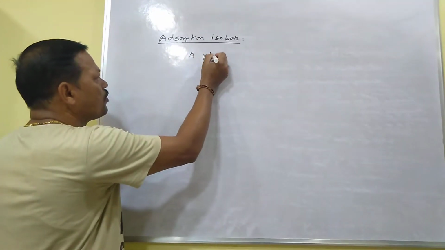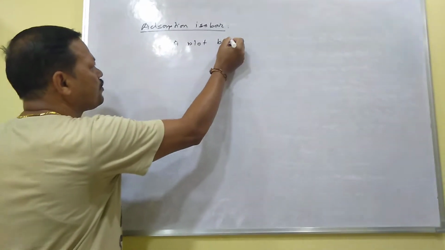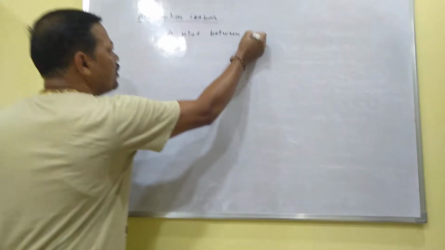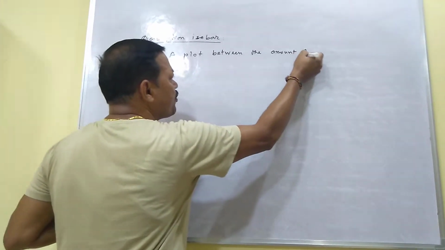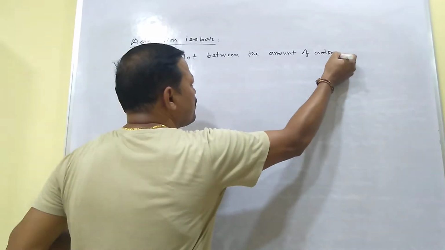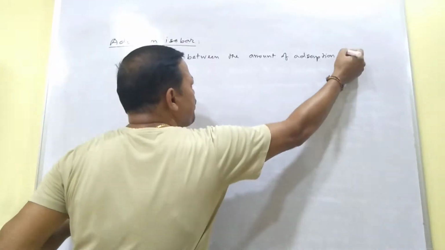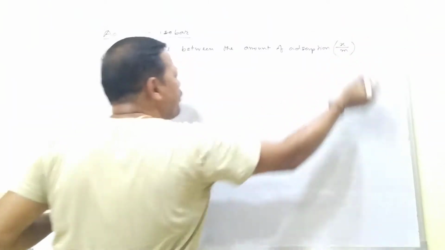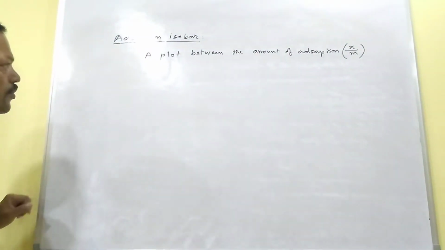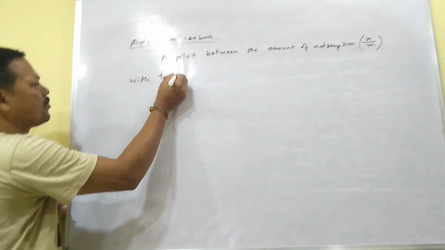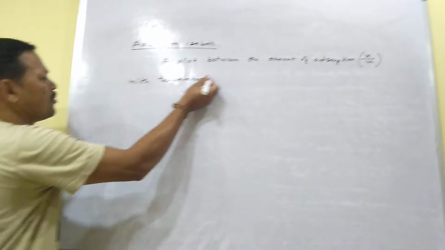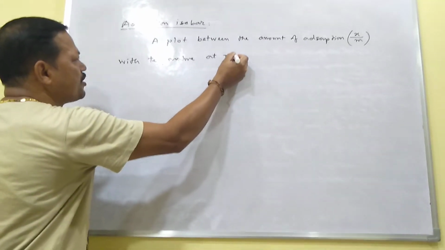A plot between the amount of adsorption, which is represented by x by m, with temperature at constant pressure is called adsorption isobar.